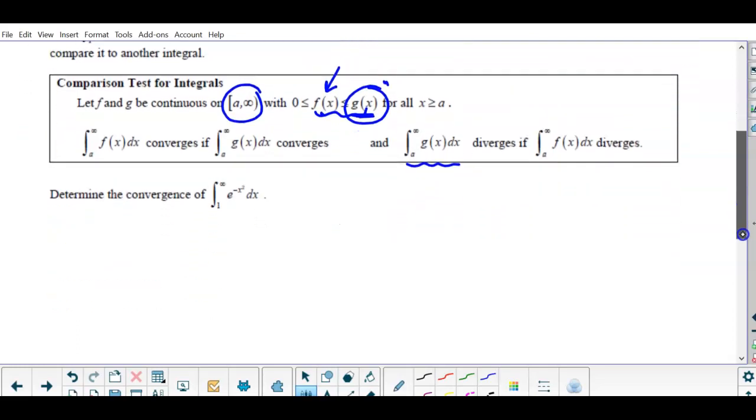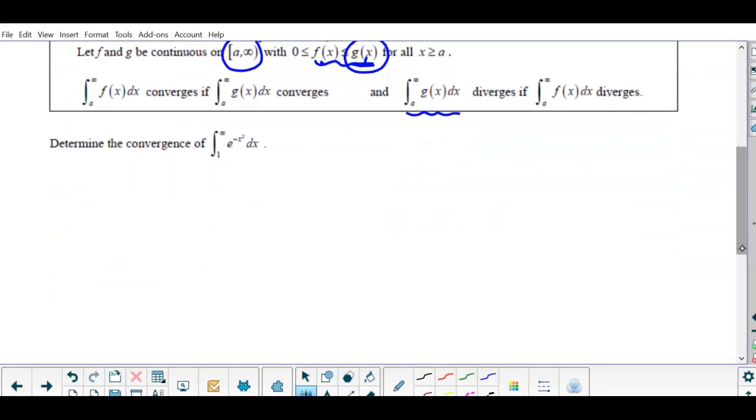So determine the convergence of this function here. So we want to do this by comparing to something that's sort of equivalent. So if it's an exponential e to the negative something, see if you can compare it to a function that's similar to that. So I'm going to compare it to the integral from 1 to infinity of e to the negative x dx.